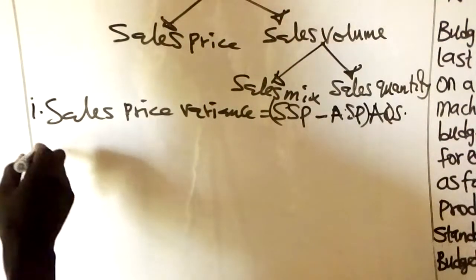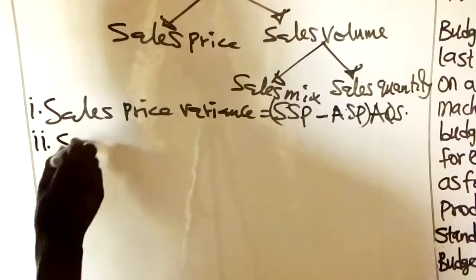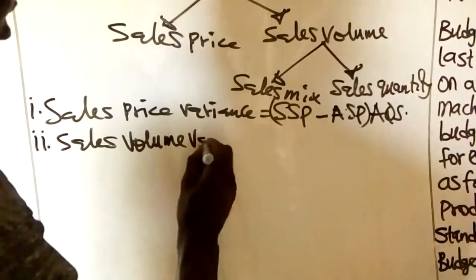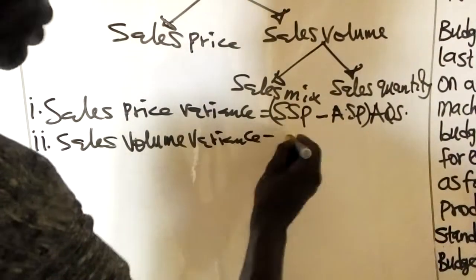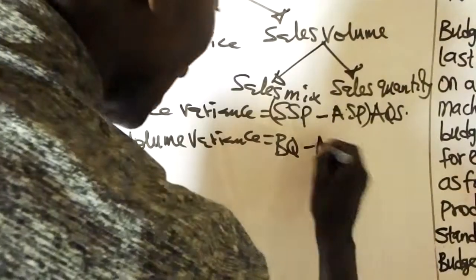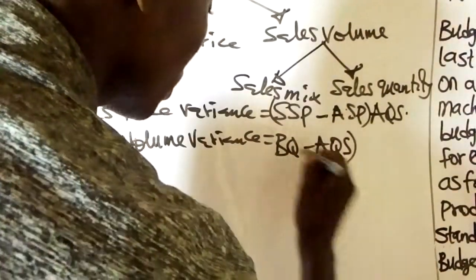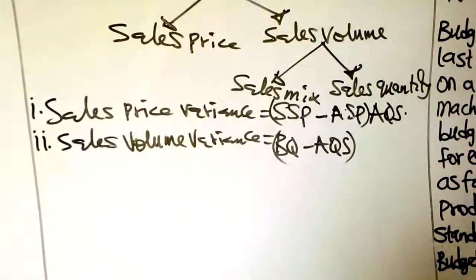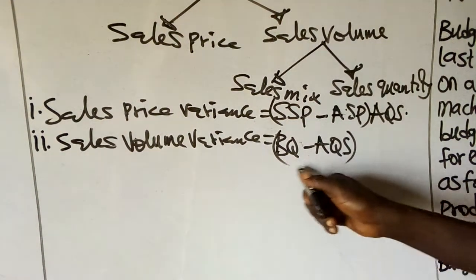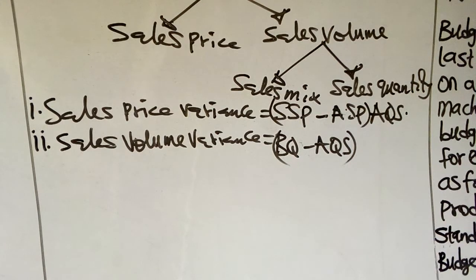I also examined sales volume variance. I said it is the difference between the budgeted quantity and the actual quantity sold multiplied by the standard contribution or profit. I've told you that there are two schools of thought as to the calculation of sales volume variance: the marginal costing school of thought and the absorption costing school of thought.